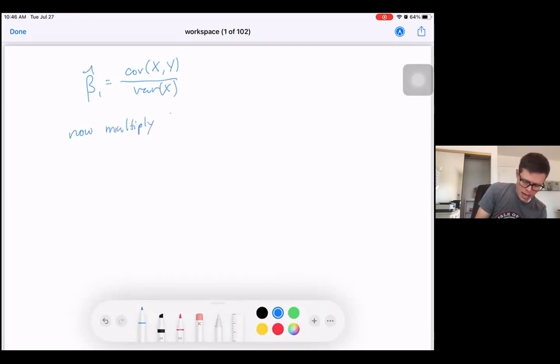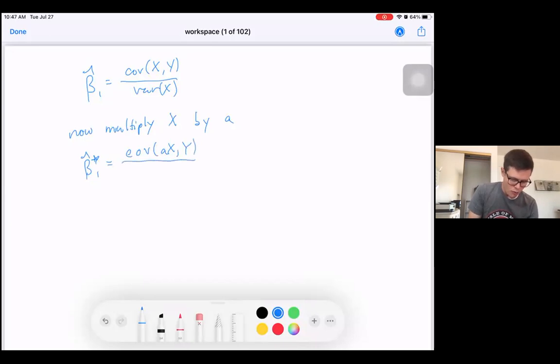We multiply x by a constant called a. The new estimate, with a star, everything new is shiny, uses the same exact formula: covariance of a times x and y over the variance of a times x.